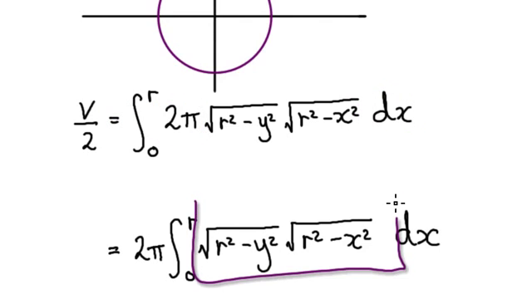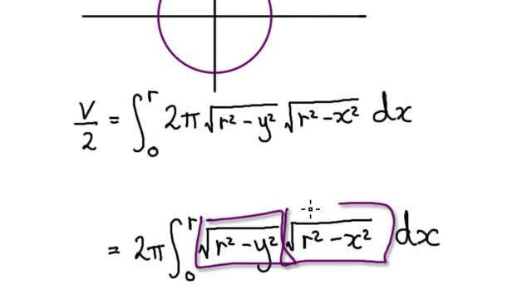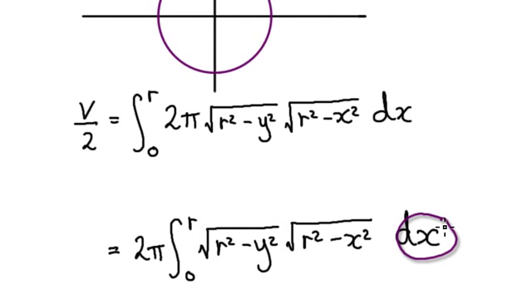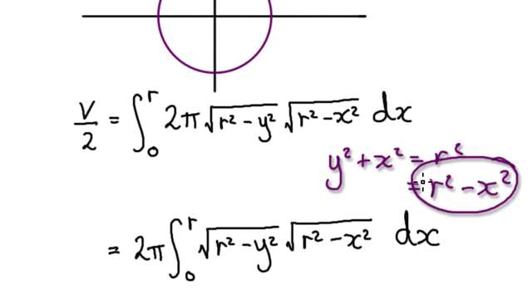That will then give you this. So here you've got one block multiplying with another block, but then you're integrating it with respect to x. So rewrite this in terms of x. Earlier it was x squared plus y squared equals r squared. Well, y squared would be r squared minus x squared. So put this thing here into this bit here.